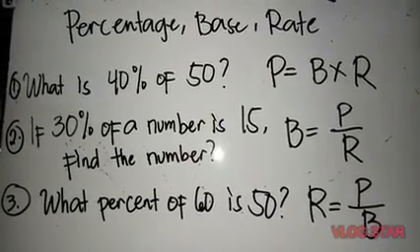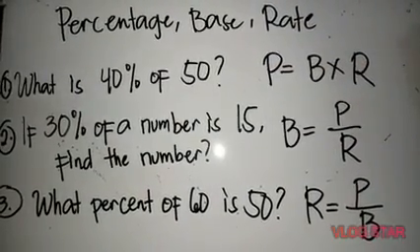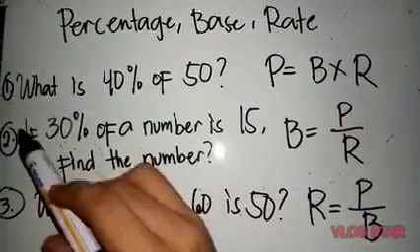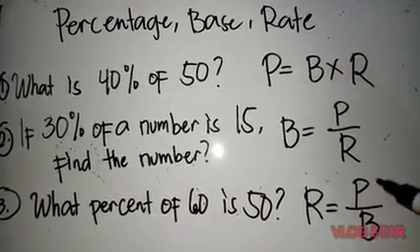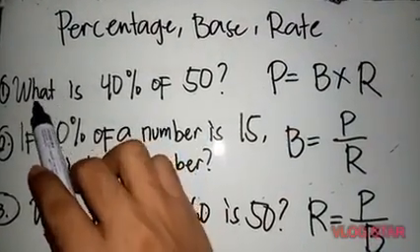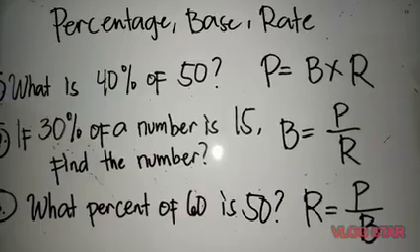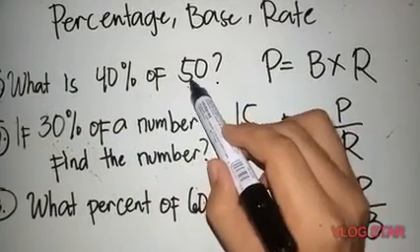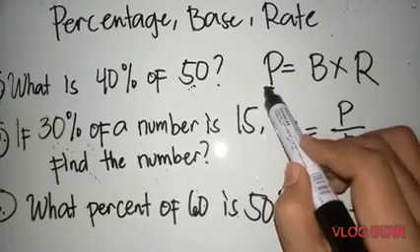So here is the different use of percentage, base, and rate, or the relationship of percentage, base, and rate. So take a look at these questions, and this would be the formula for each question. What is the 40% of 50? So it means that you are looking for the 40% of 50, and this would be the formula.